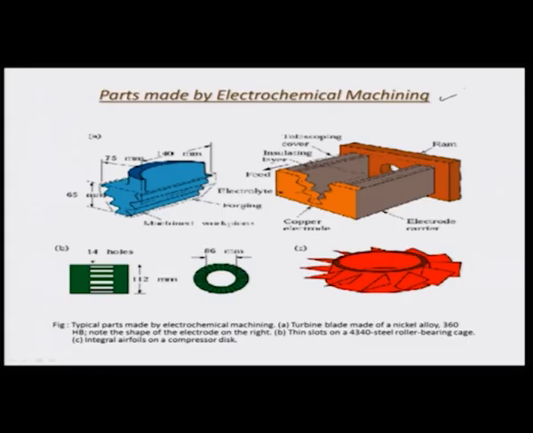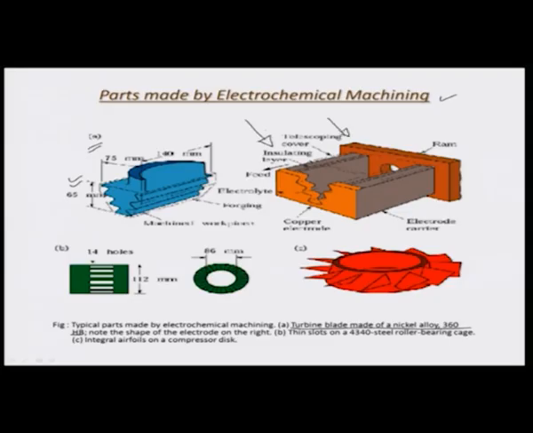This particular slide mentions figure A right here, which is the example of a turbine blade which is made of a nickel alloy 360 HB. Okay. And the corresponding tool which is used to make this complex shape is given on the right side here.